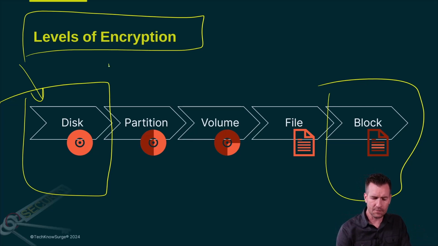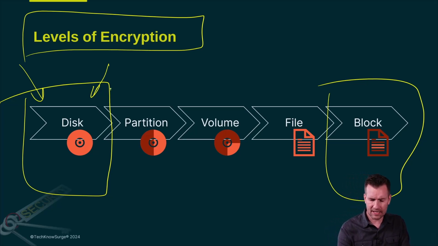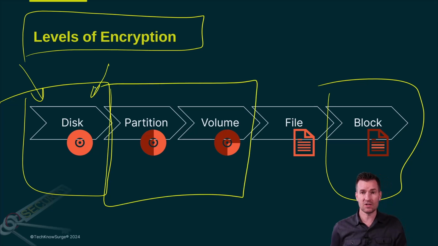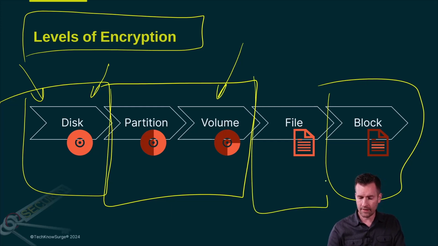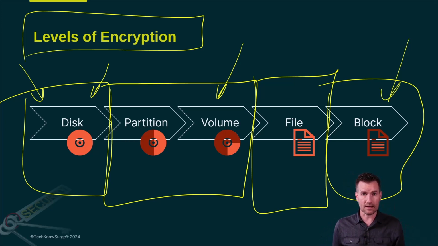So we could encrypt the whole disk. A disk is made up of partitions, or we can partition out a disk and have many partitions or volumes on a disk. So we could do it at the partition or volume level, or we could do it on the file level, or on the block level. So we get to choose at what level we want to do this encryption on.